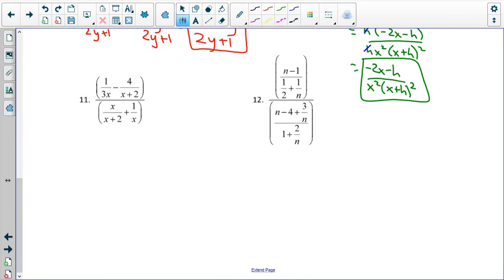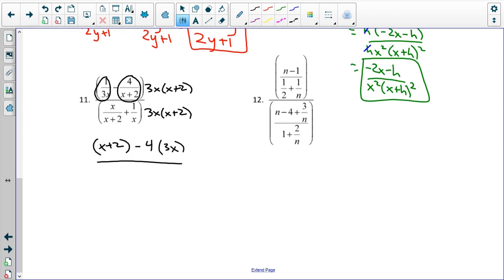Number 9, my common denominator is 3x times x plus 2. So I'm basically playing what's missing again. So I multiply this one by that, and I get x plus 2. I multiply this term by that, and I have 4 times 3x.